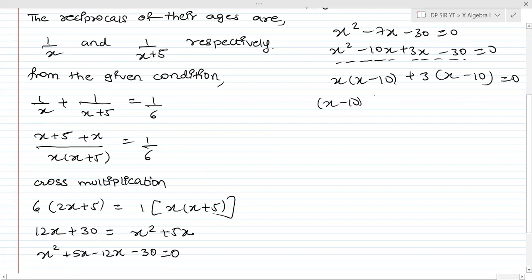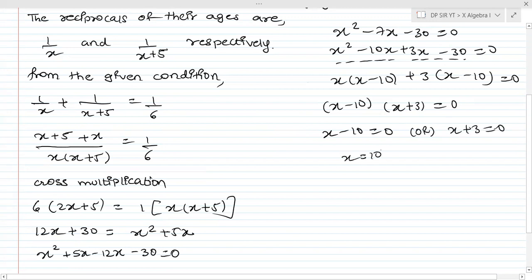So x minus 10 into x plus 3 is equal to 0. Now the situation is under control since the quadratic equation is formed. So x minus 10 is equal to 0 or x plus 3 is equal to 0. So x is equal to 10 or x is equal to minus 3.